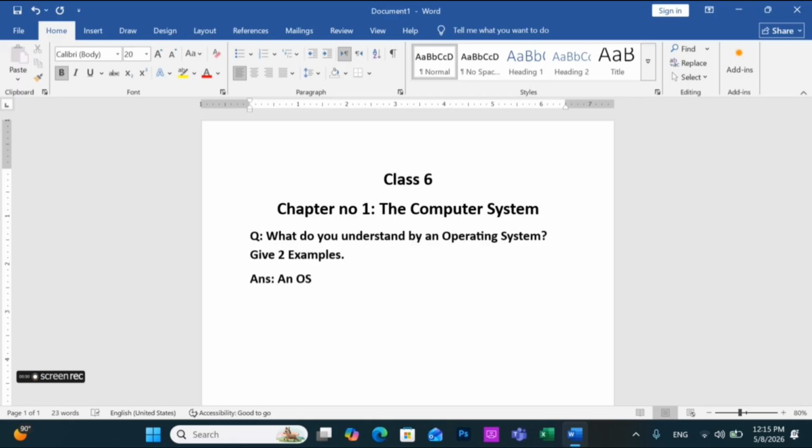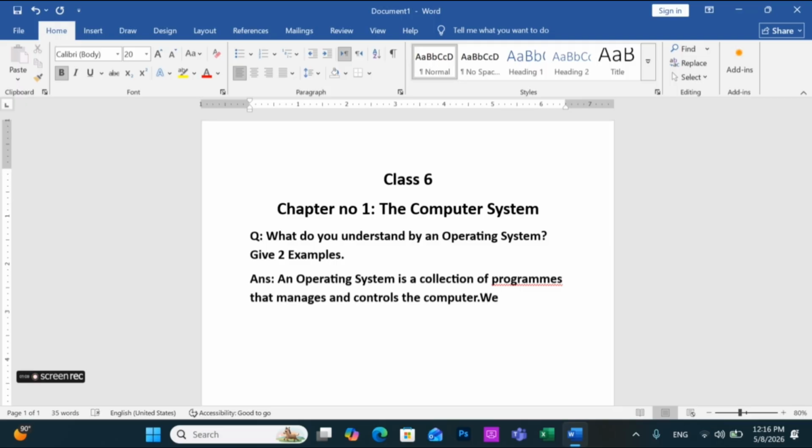an OS, or you can write, operating system is a collection of programs that manages and controls the computer. Okay, so this is a group of programs that control and manage all the tasks, all the parts of the computer.